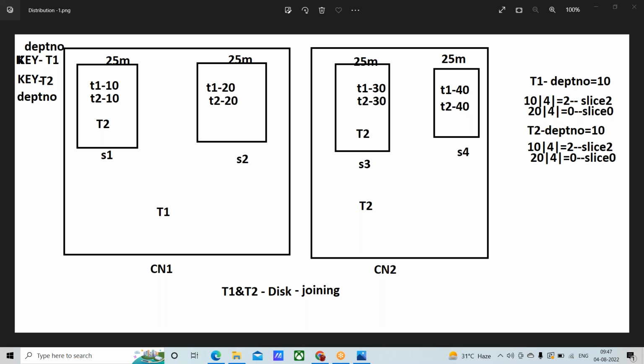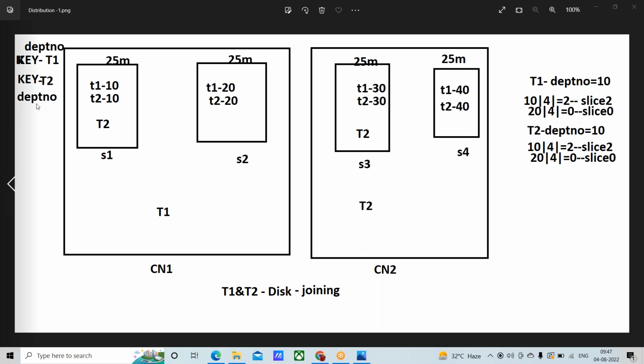That's why I gave this example. One person cannot be present in two rooms, but here, since it's data, we are placing the table in each node. Let's take this key example: the employee table and the department table.